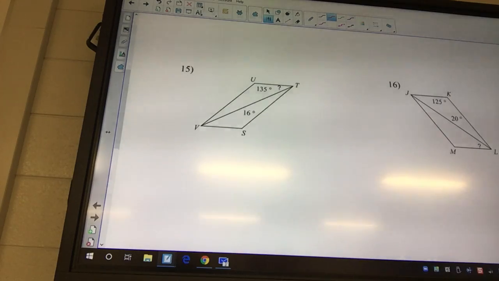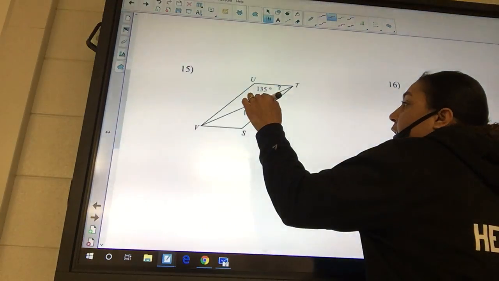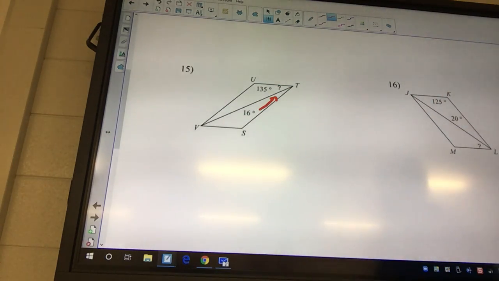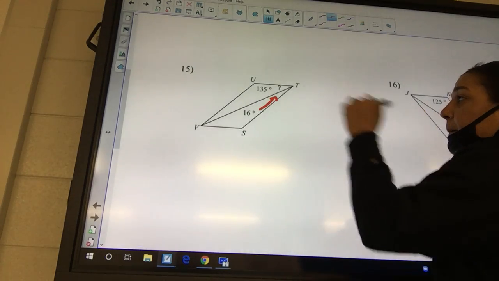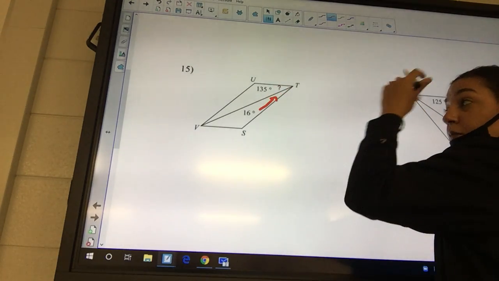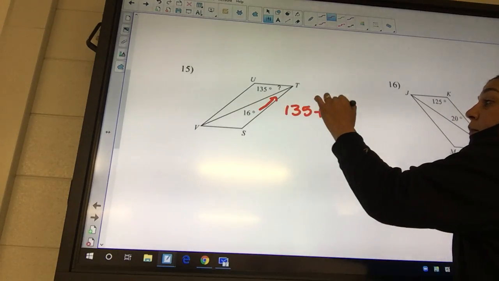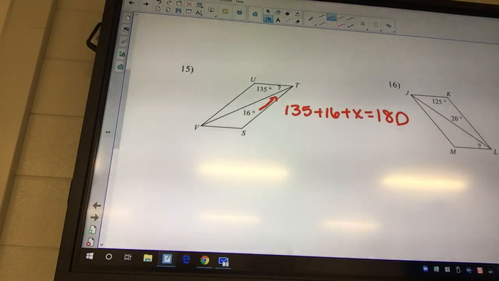Okay, 15. We got, and this one looks weird. This 16 really goes right here. It goes up to this little spot. So we got stuff on the same side, and so how am I gonna set this up? Y equals 180. They're on the same sides.